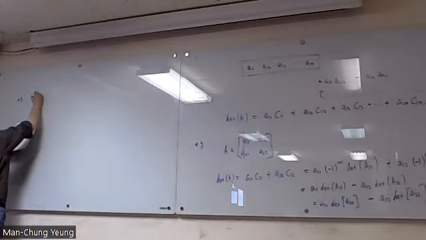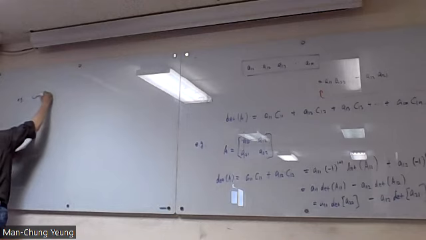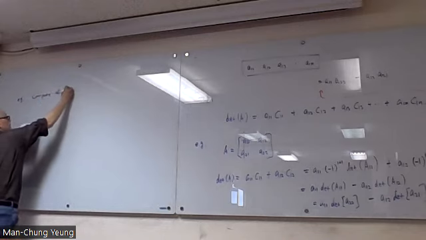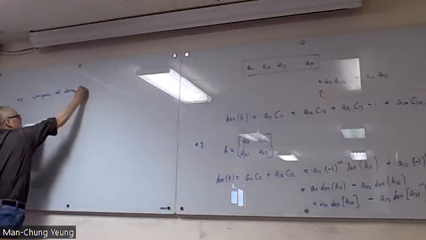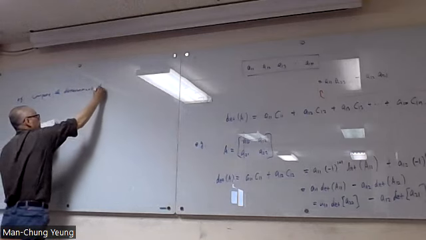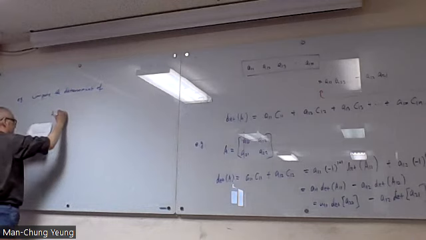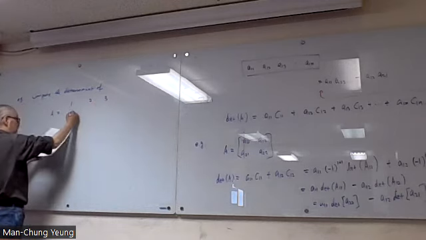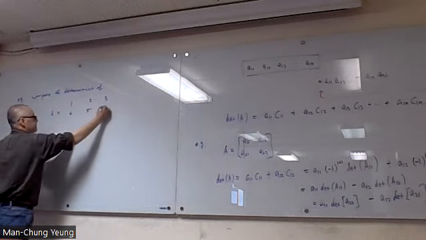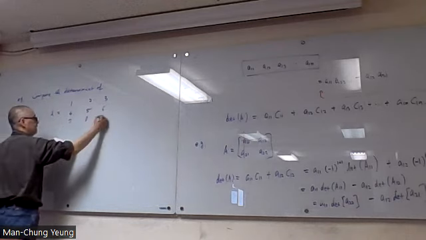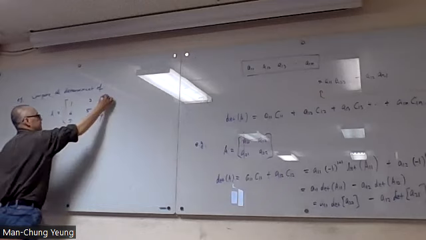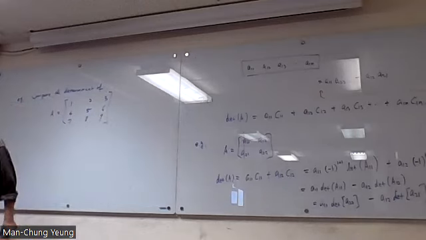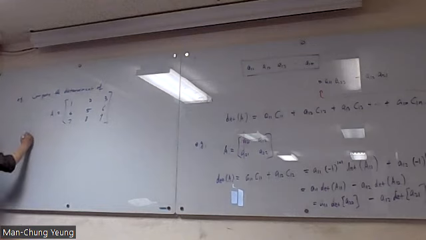Compute the determinant of this matrix: 1, 2, 3, 4, 5, 6, 7, 8, 9. A 3 by 3 matrix. Now let me compare with the formula. Now the solution.